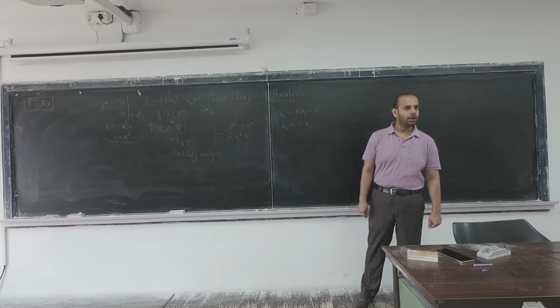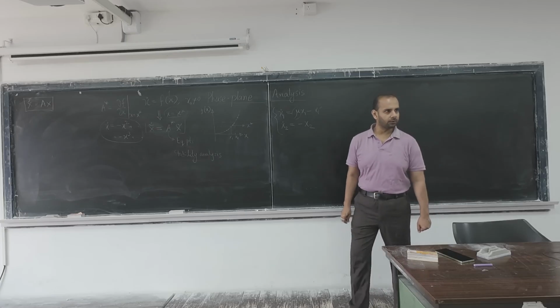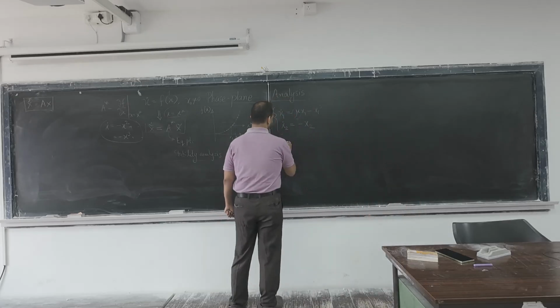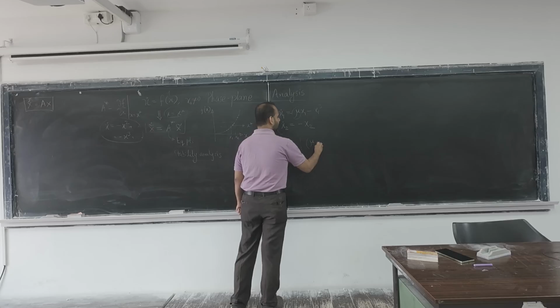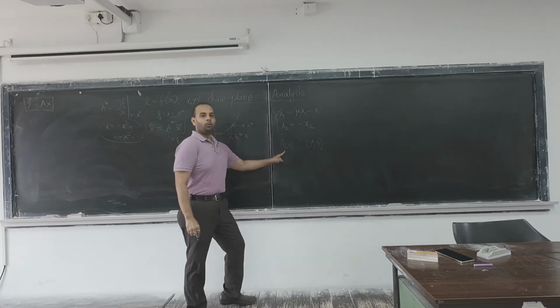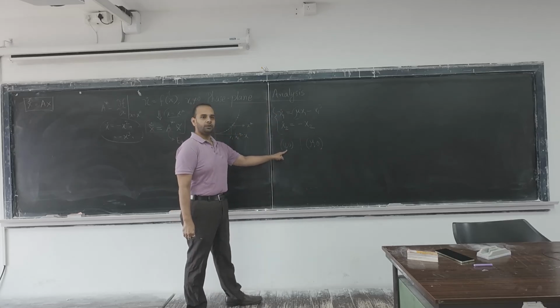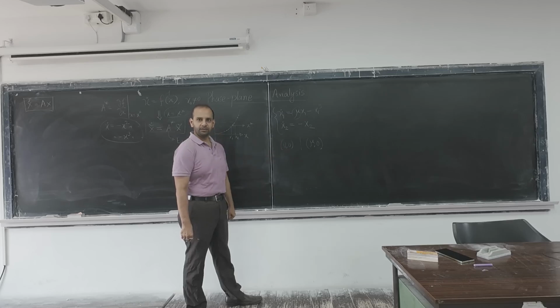One is 0, 0, another one is mu comma 0, right? What was the property for 0, 0? See that this one doesn't depend upon mu, right? So whether mu is positive or negative, its stability property will not change. So what was that? Stable node or unstable node or saddle?